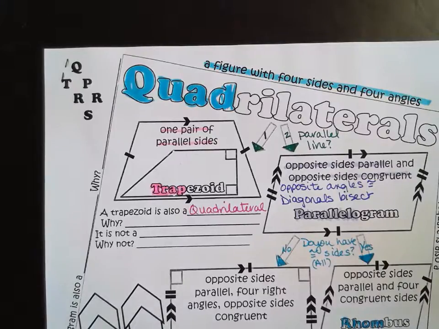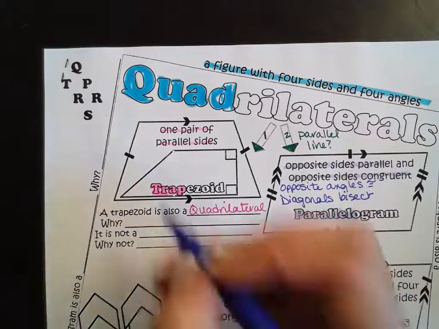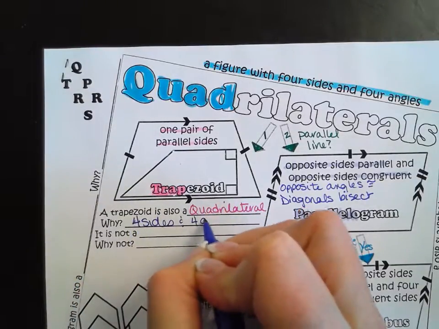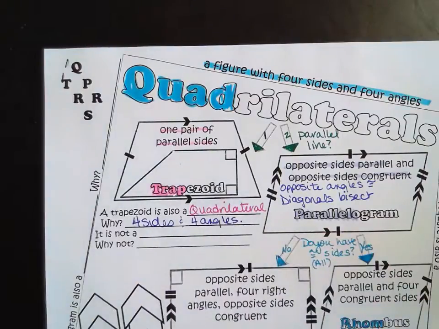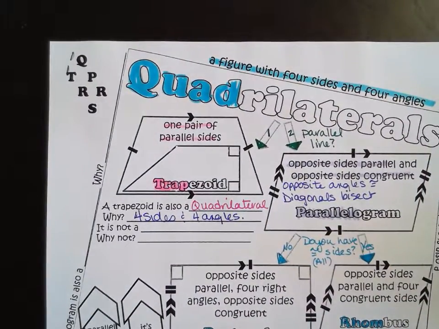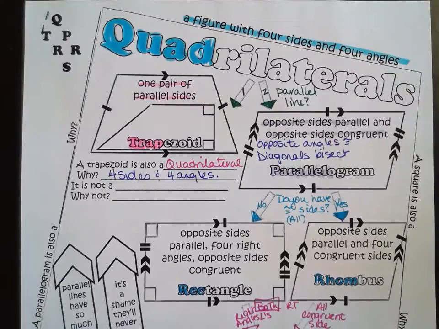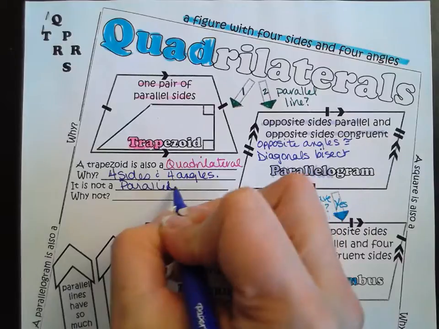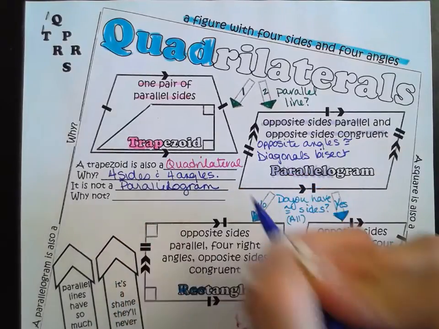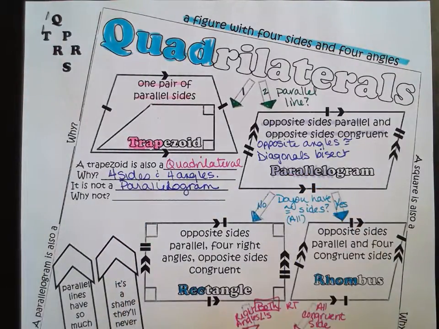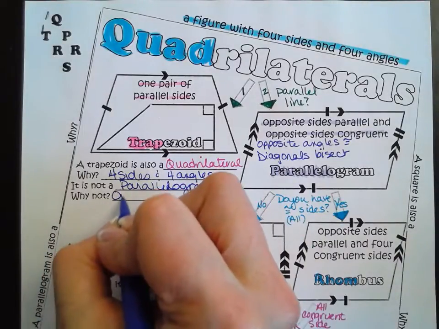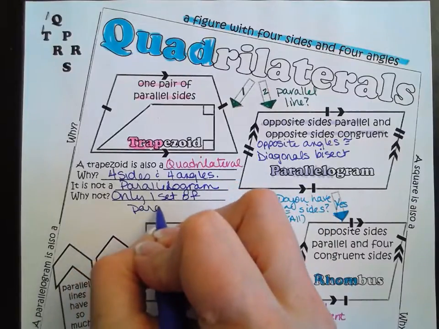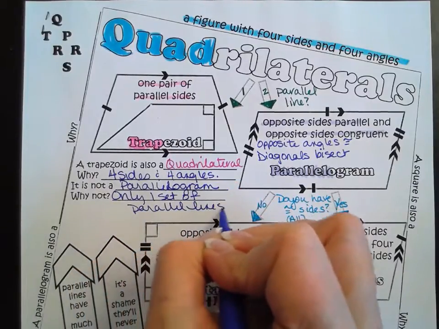Why do we know it's also a quadrilateral? Because it has four sides and four angles. Okay? What is it not? It is not a parallelogram. And why is it not a parallelogram? Only one set of parallel lines. Perfect.